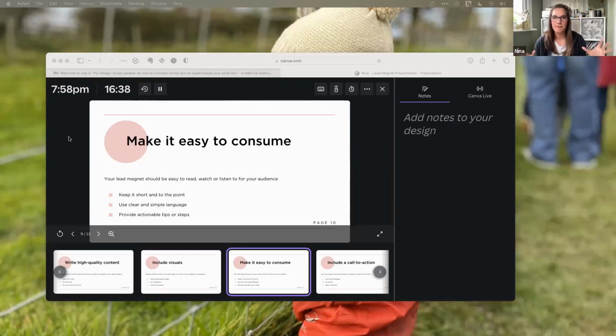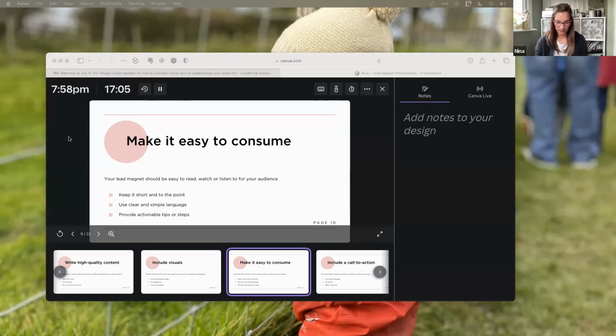And then make it easy to consume. I'll say this a million times, but everyone's busy. Everyone is so busy, especially now, we're in the lead up to summer holidays, aren't we? Everyone's thinking about the holidays. It's a crazy time. So you need to keep it short, to the point. Don't include information that's going to overwhelm your audience. Make sure that they can use it.